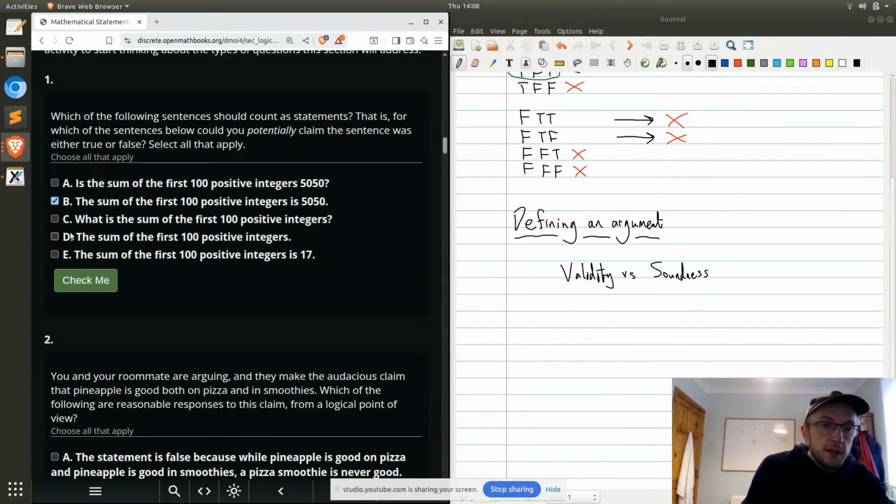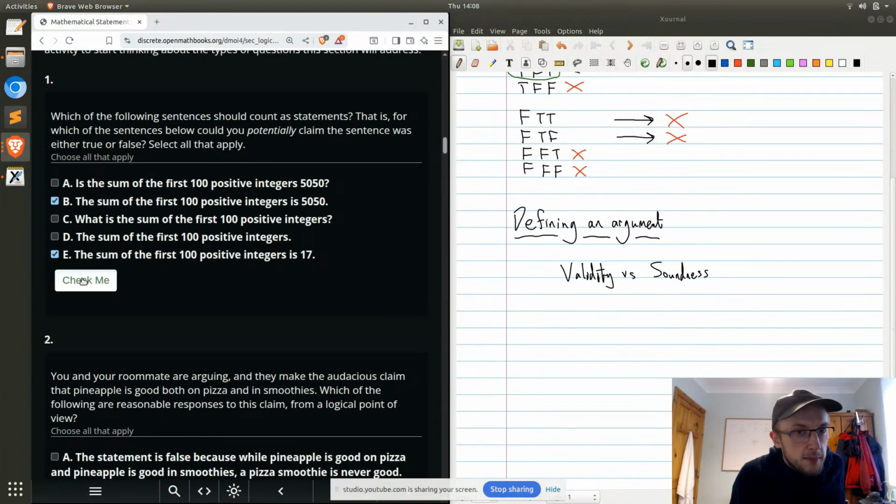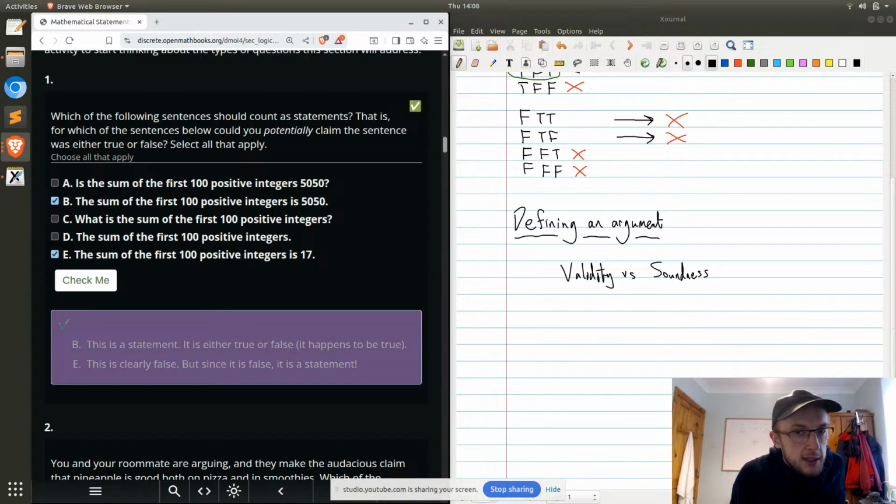Statement D is pointing to a variable or value, but it's not something to which we could say true or false. So that one, it doesn't apply. And statement E says the sum of the first 100 positive integers is 17. That's false, but it is a statement. And that's correct, and that's good.